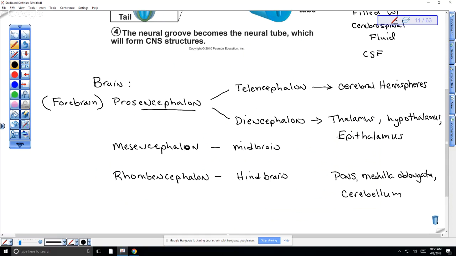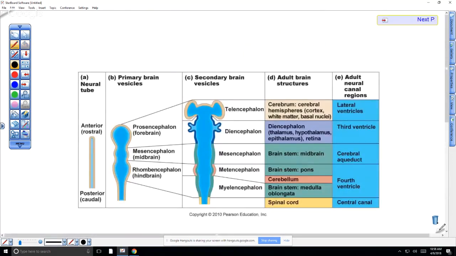Notice that the pons and the medulla oblongata would be in direct connection with the spinal cord. So from the hindbrain, we connect to the spinal cord. This would be the spinal cord right here. Notice that these are fluid-filled chambers, and the fluid-filled chambers are actually called ventricles.